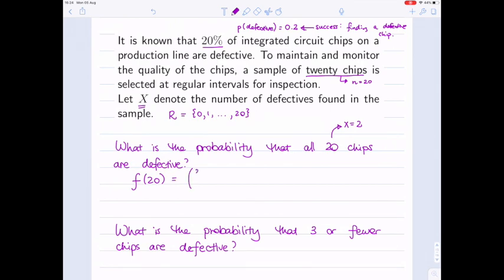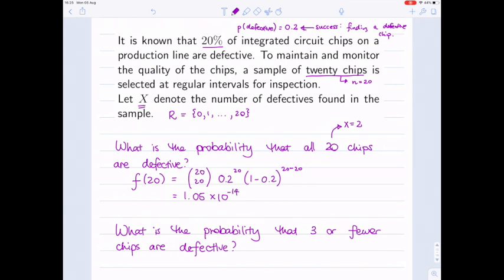So we know that this is going to be 20 choose 20, and then our probability of success is 0.2. We raise that to the power of 20, and then we've got to multiply by 1 minus 0.2 to the 20 minus 20, and if you work that all out, you should get 1.05 times 10 to the minus 14.